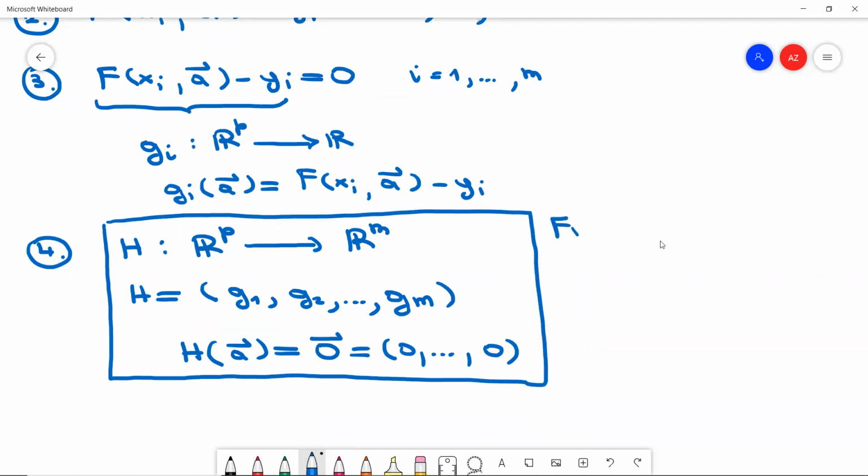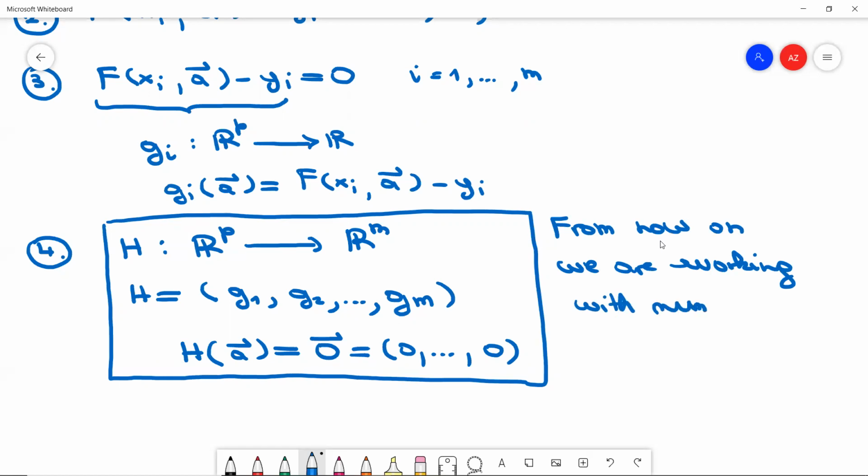So from now on, we are working with numerics.